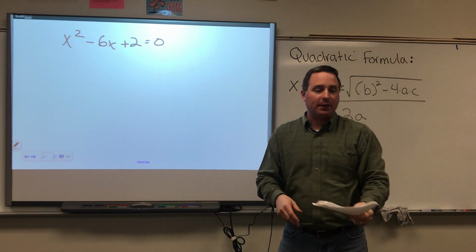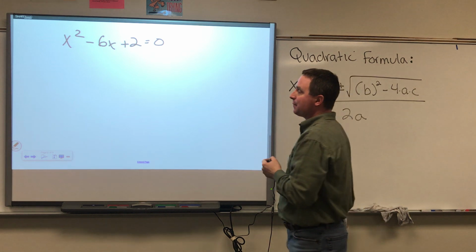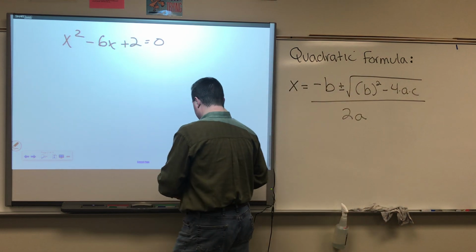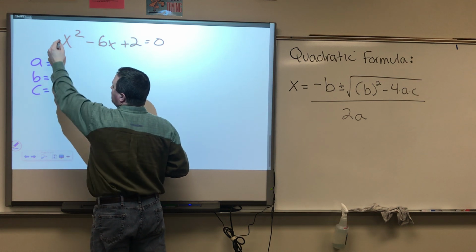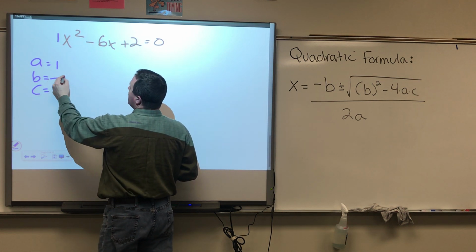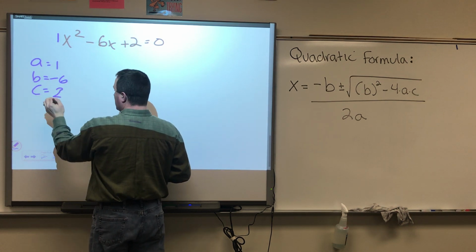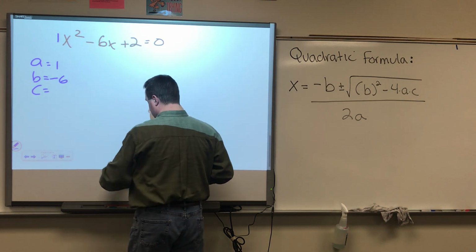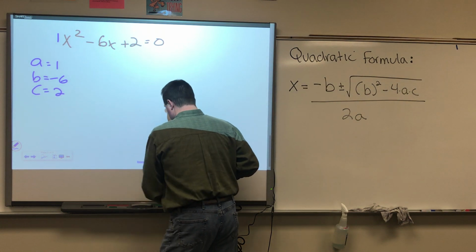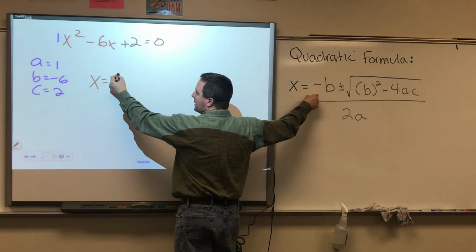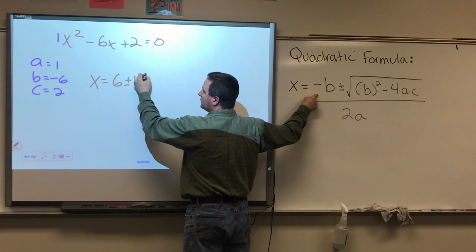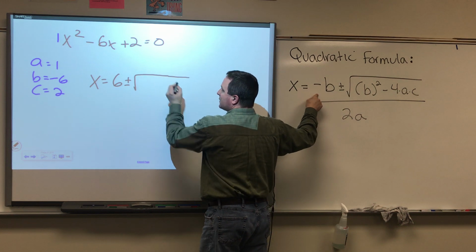This one's going to be a little bit different, possibly. We're going to do the same thing. Notice it's all equal to 0. If I identify my a, b, and c, a is 1, b is negative 6, and c is 2. I'm going to do my quadratic formula. The opposite of b is going to be positive 6 plus or minus.